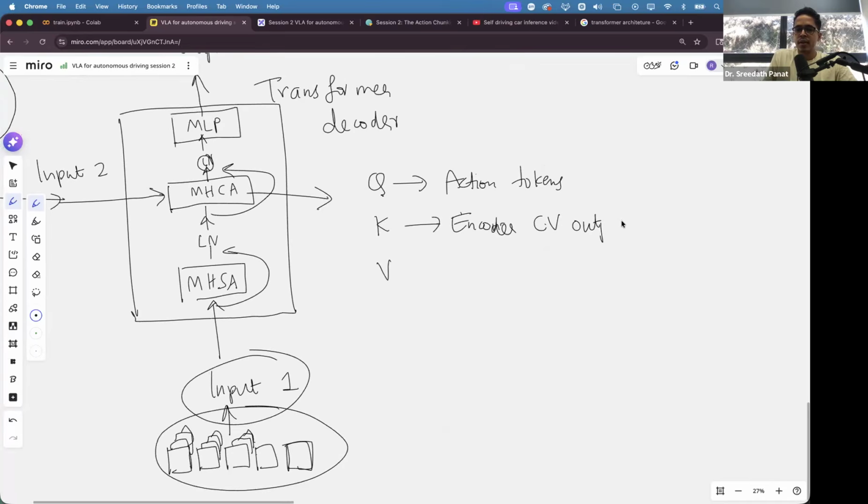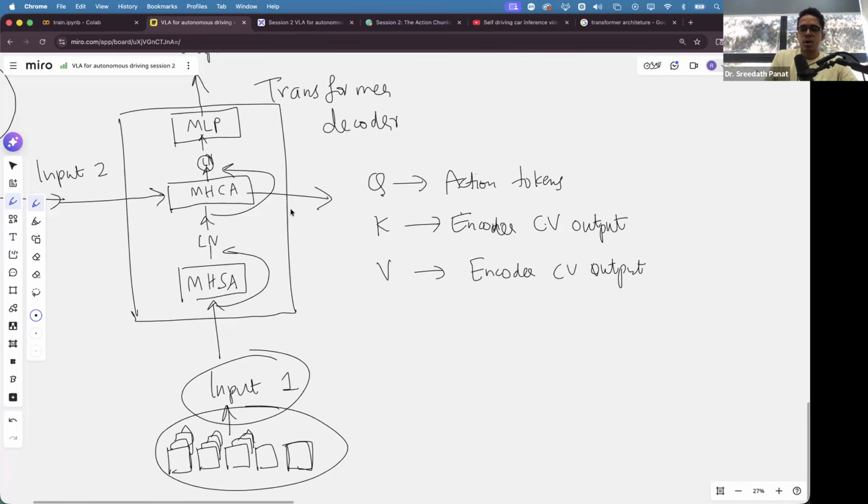Basically, these context vectors you multiply with the key weight matrix WK, and similarly the value weight matrix, to get the keys and values.